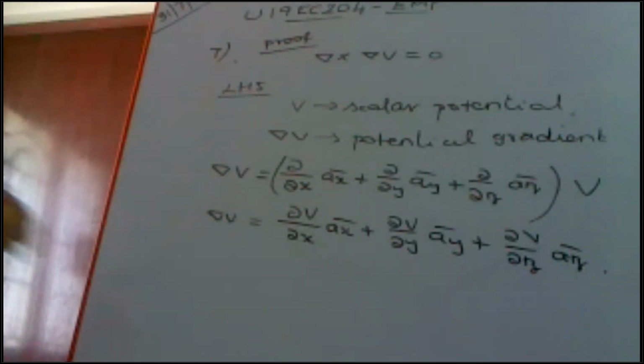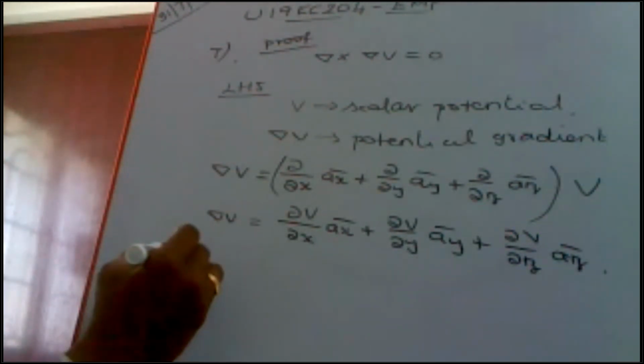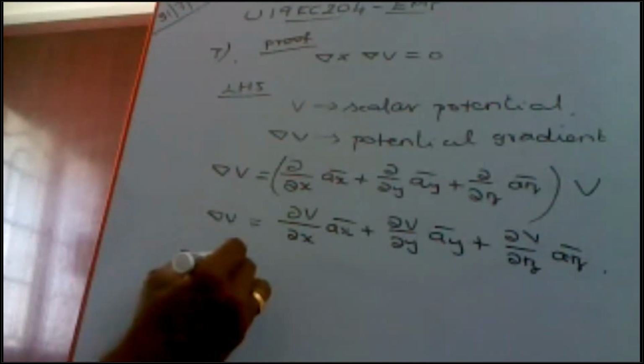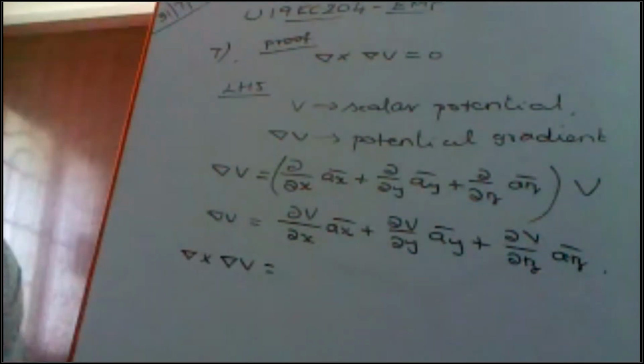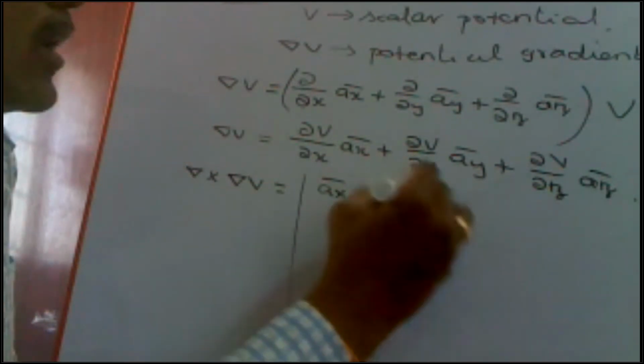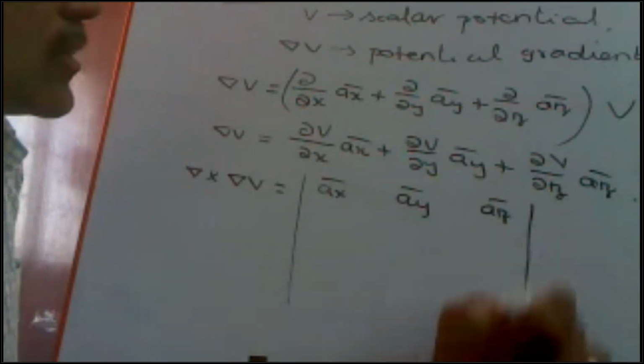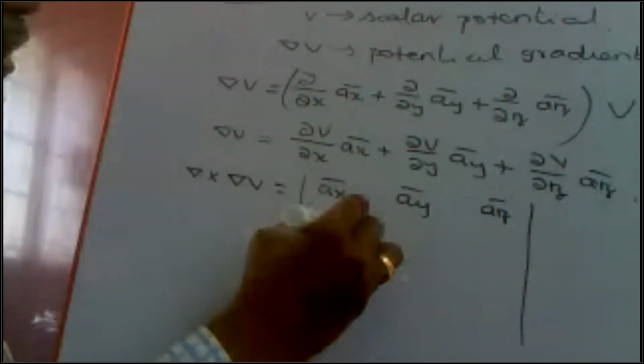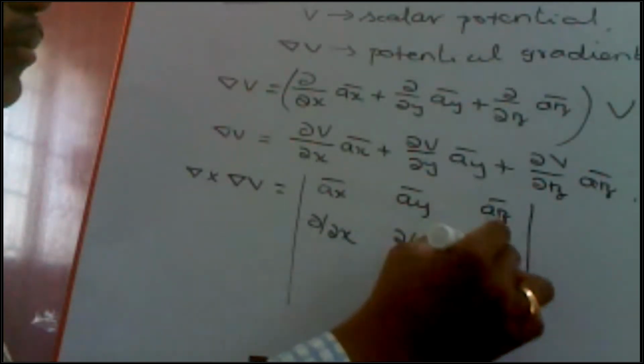Yes, sir. Now we have to perform del cross del V. Del cross del V means what operation? Cross product, so we have to write the matrix. First row is always the unit vectors, so it is ax, ay, az. Second row is del, so dou by dou x, dou by dou y, dou by dou z.